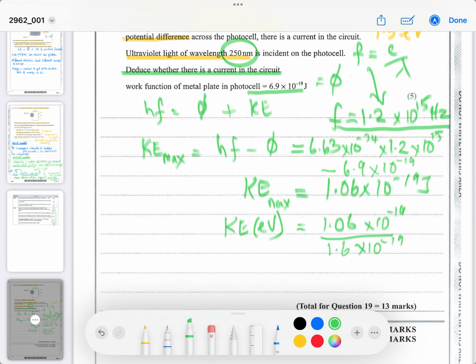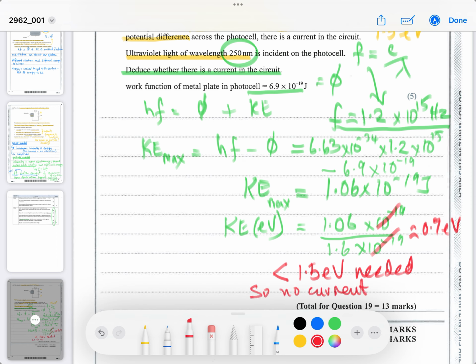When you do that, this cancels out, so it's going to be approximately 0.7 electron volts. And obviously this is less than the 1.5 electron volts needed. So no current will be detected. And that's how you get the marks.